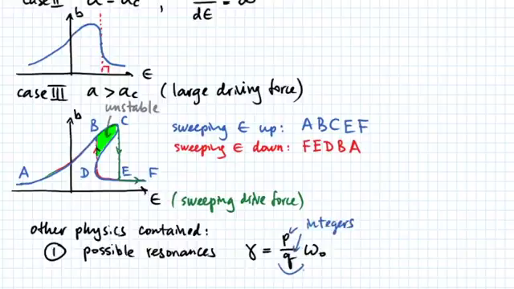The strength of these resonances will favor small integers p and q, smallest being p equals 1 and q equals 1.